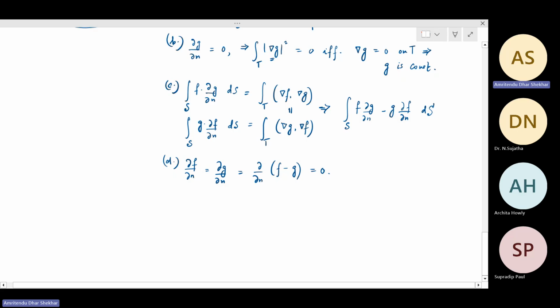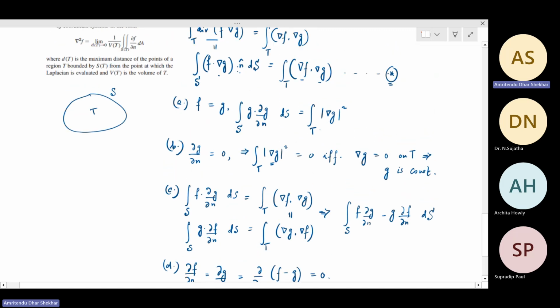Also notice that if f and g are harmonic, then f minus g is also harmonic. So the Laplacian of f minus g is equal to the Laplacian of f minus the Laplacian of g, which is 0.